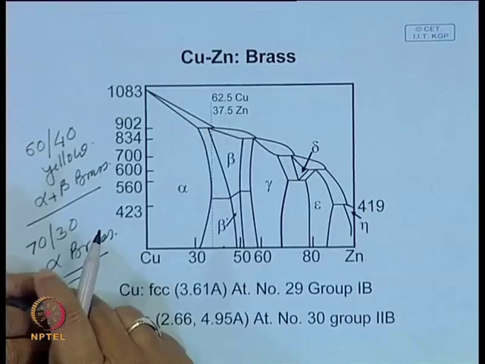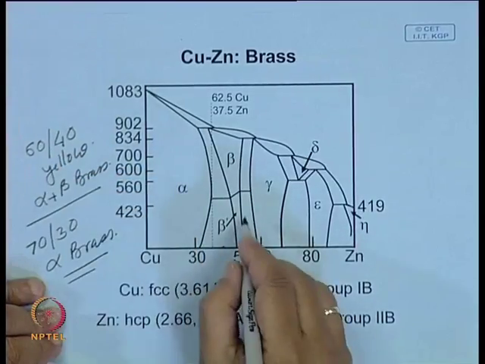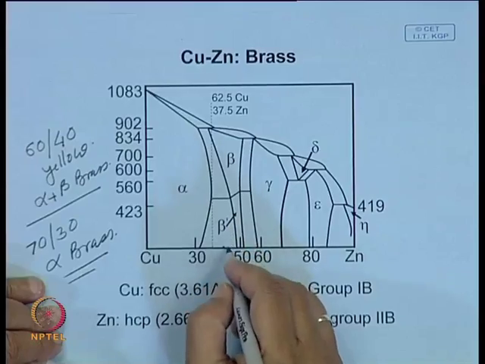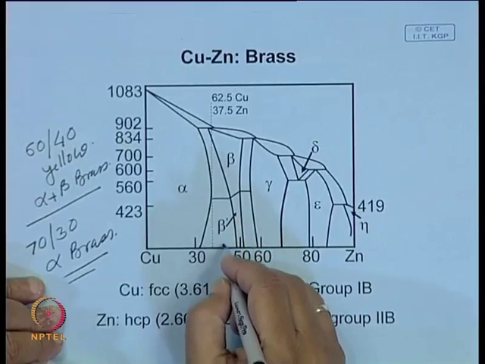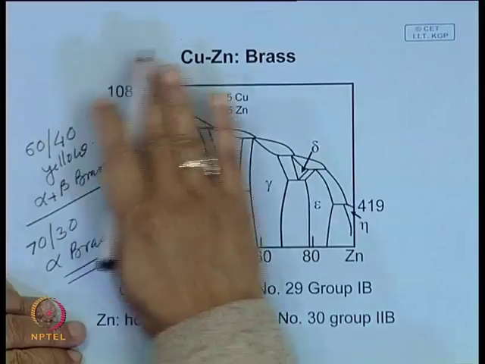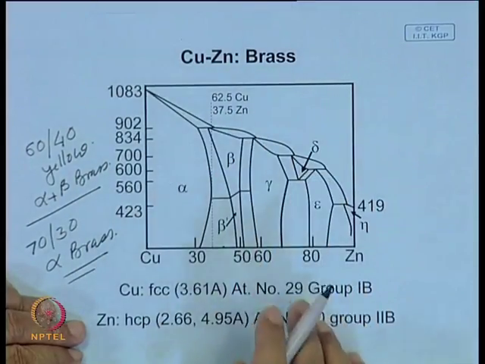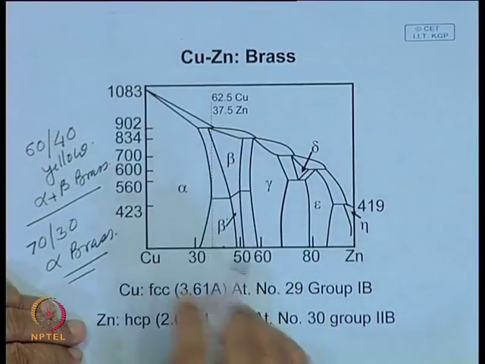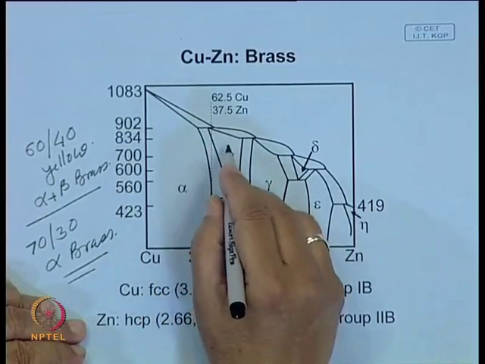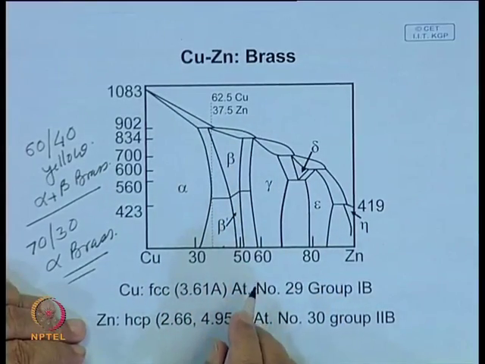Now, this can be cold worked, whereas this, since it has two phases, will be difficult to cold work. If you have to work it, you have to heat it to the beta range. So, this phase diagram not only tells you about the microstructure, you can infer properties, and you can find out the temperature range where it can be worked.